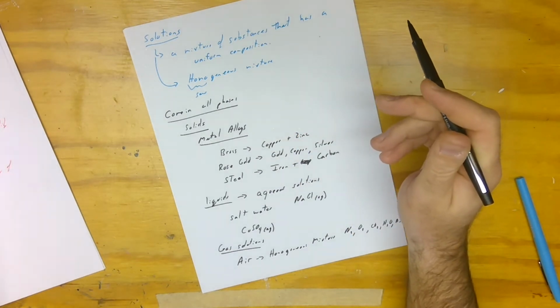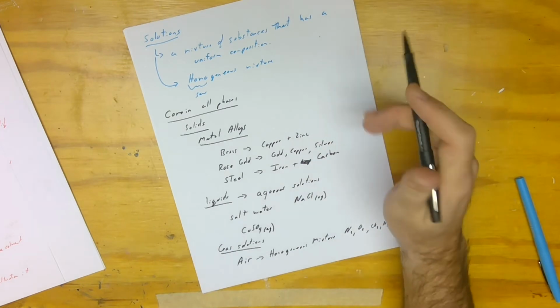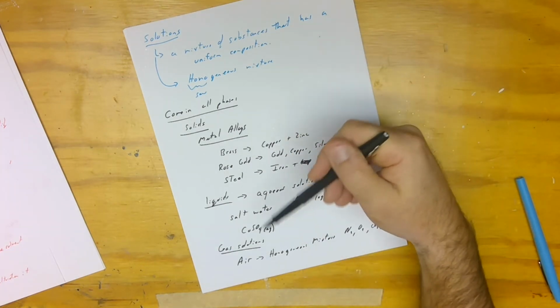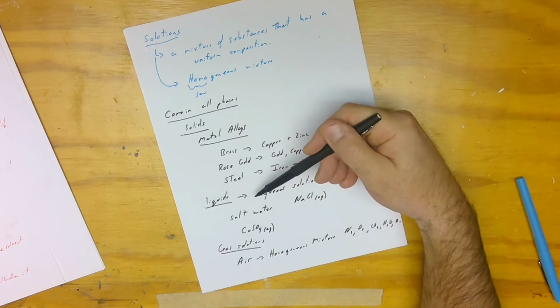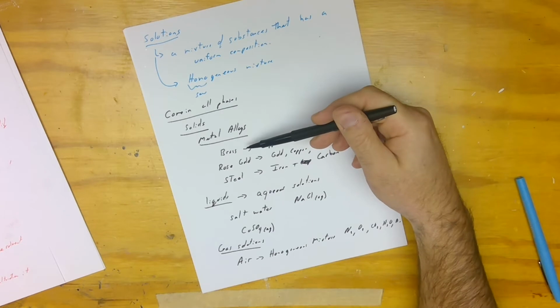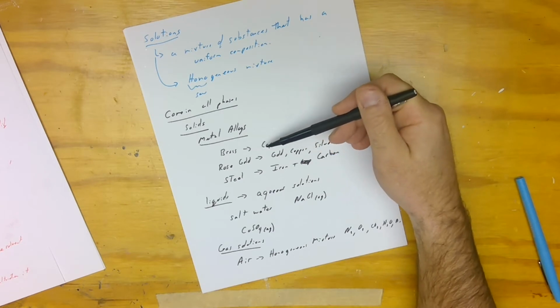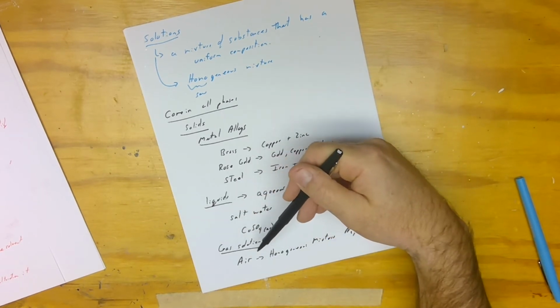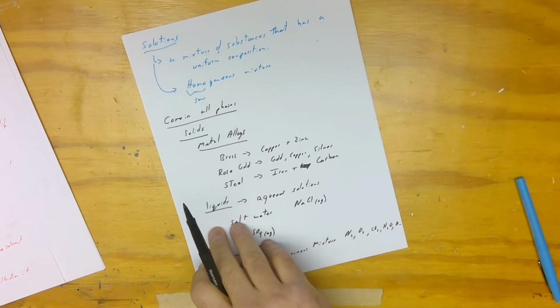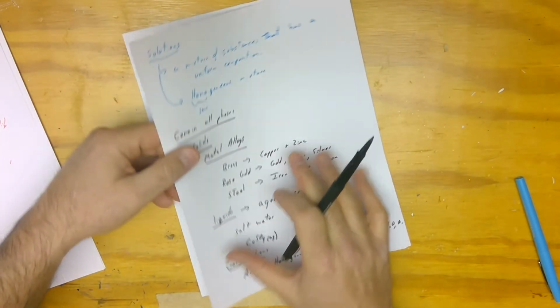Now, I'm going to perpetuate this problem because we're going to talk mostly about liquid solutions, because it's really hard to work with metal alloys. There's not much I can do with a piece of brass, and there's not much we can do with gas solutions. It's a lot easier to work with liquids, so we're going to talk a lot about liquid solutions.